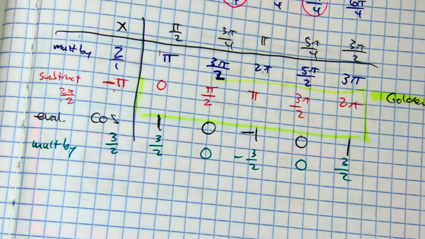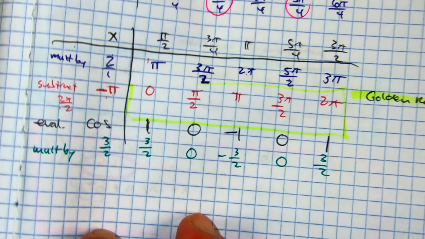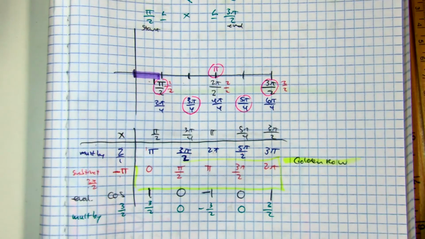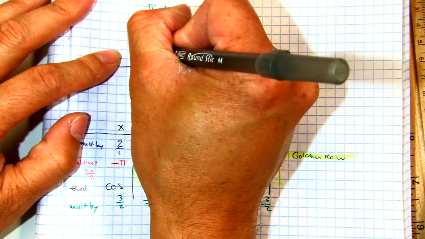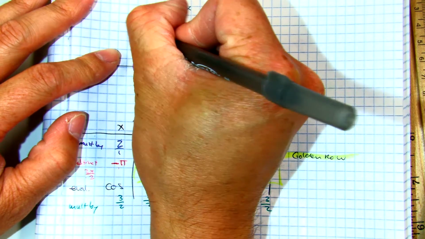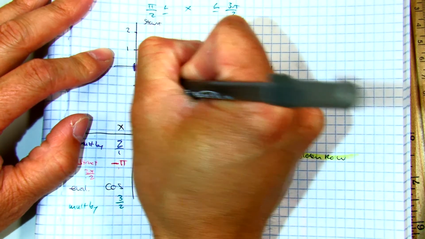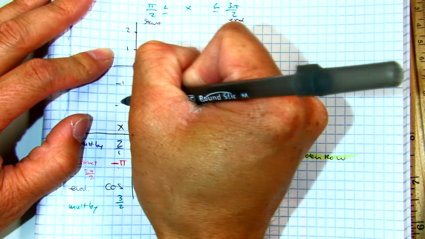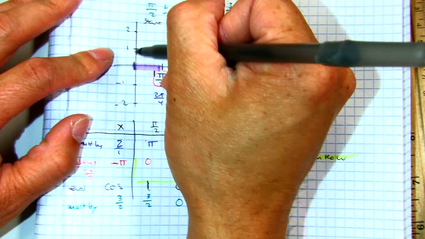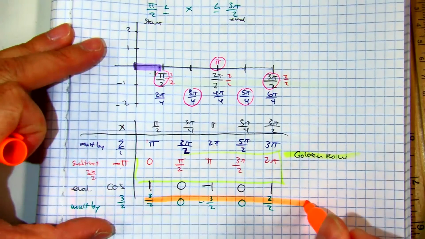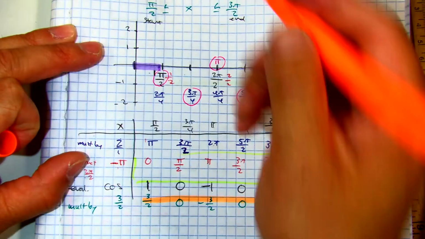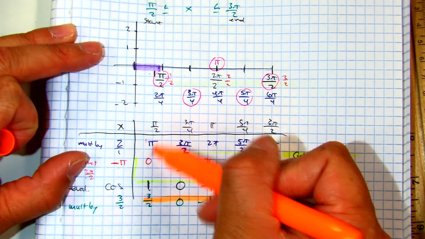Okay, so this last row tells me what to write on my y-axis. My y-axis has 3.5, so let's just call that one 2, 1. So that would be 3 halves, right? Let's pick a bright color. So now I have 3 halves at, pay attention, pi over 2. Do you see the ordered pair?